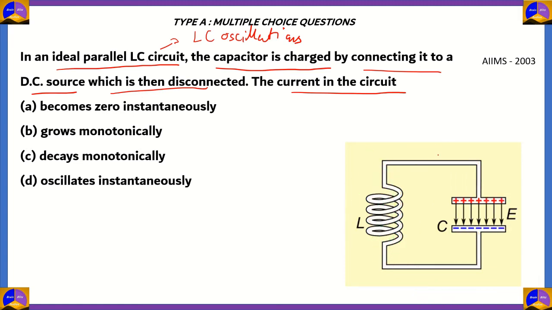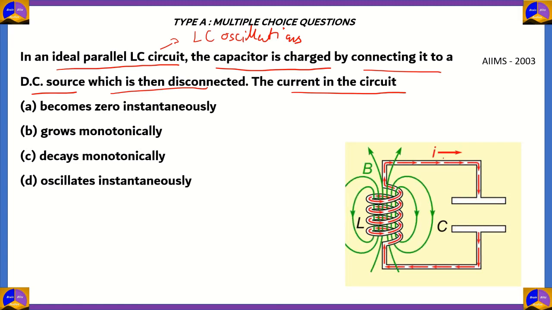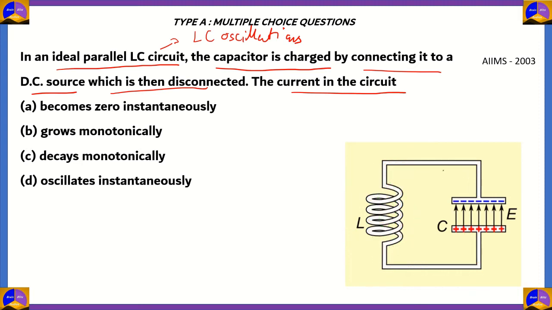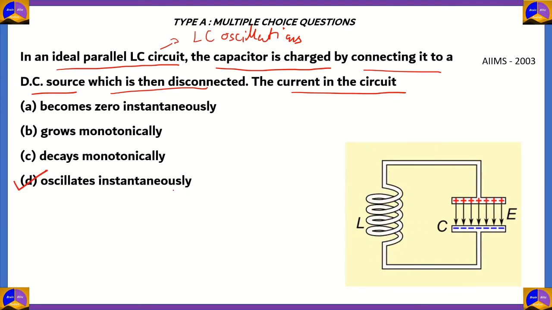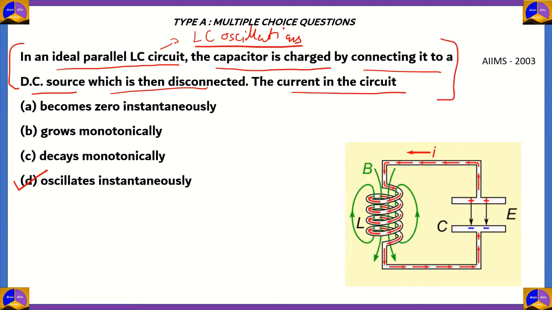And all the while, current is oscillating from one direction to another. So the right answer is option D, oscillates instantaneously. The scenario that's given here deals with LC oscillations.